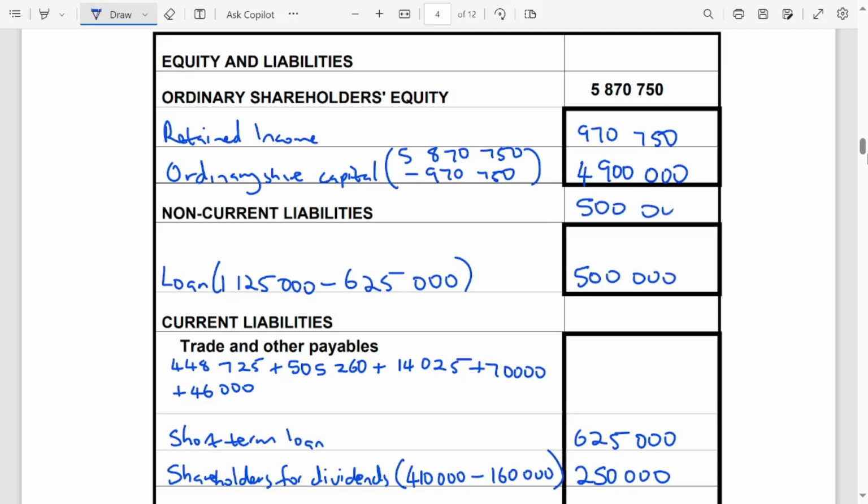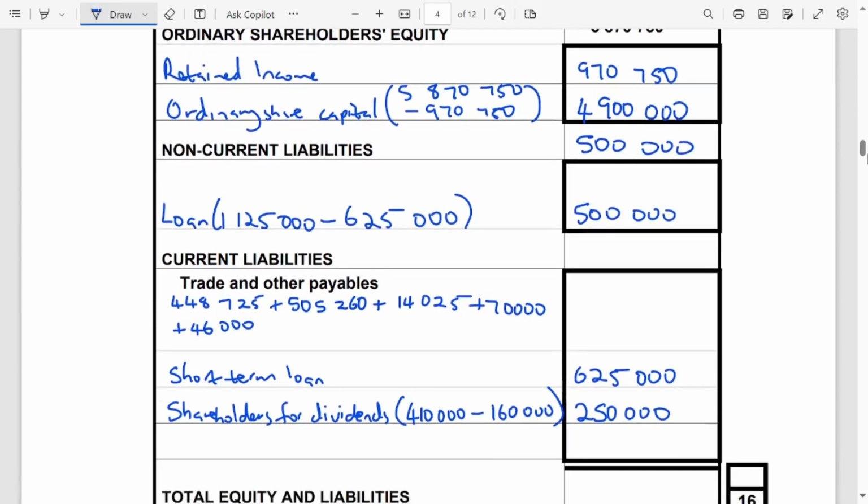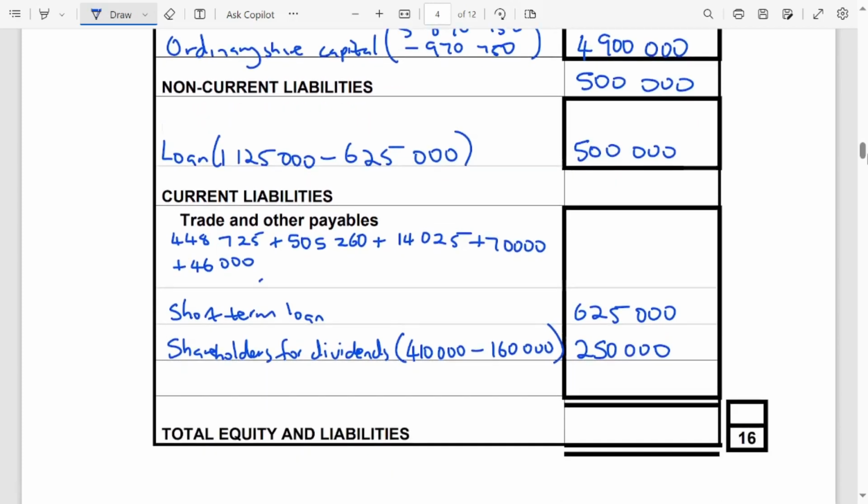Then trade and other payables, let's calculate them. 448,725 plus 505,260 plus 14,025 plus 70,000 plus 46,000. So that's going to be 1,086,010.